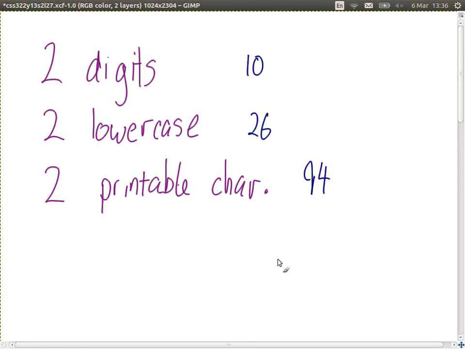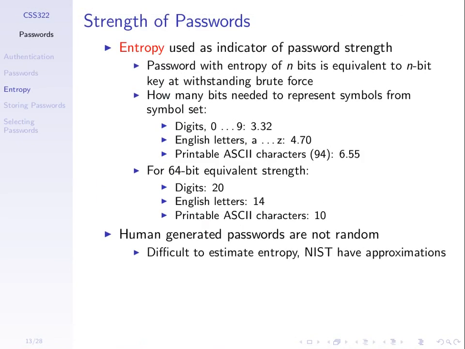Well, let's look. Just go back to our slides here. We said the entropy of a single digit, 0 to 10, is 3.32. Where does that come from? Well, with 10 possible values, log base 2 of 10 is 3.32. So the entropy of one digit is 3.32.